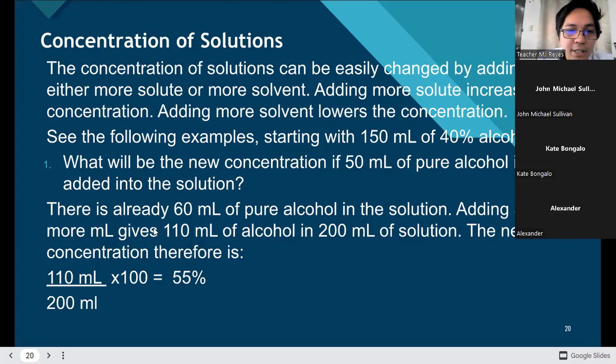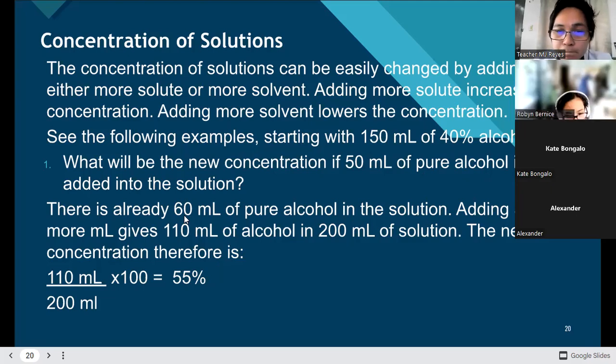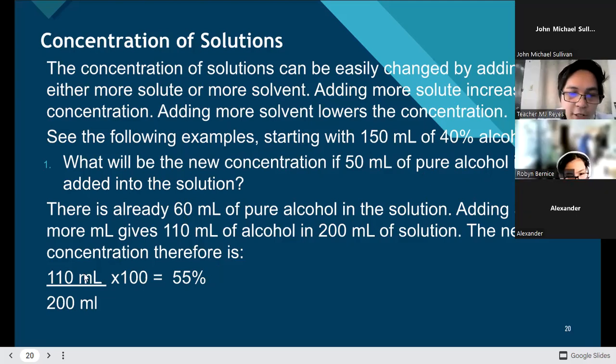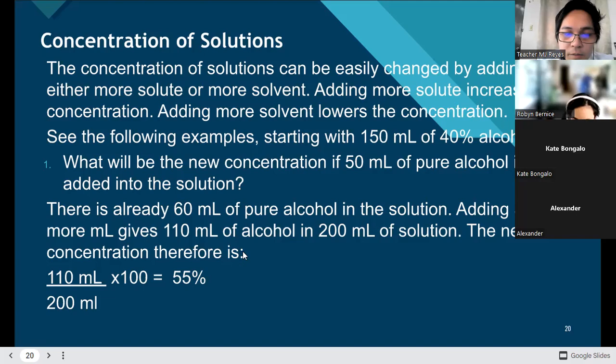How did we get the 60 ml here? Originally, it has 60 ml pure alcohol in the solution.